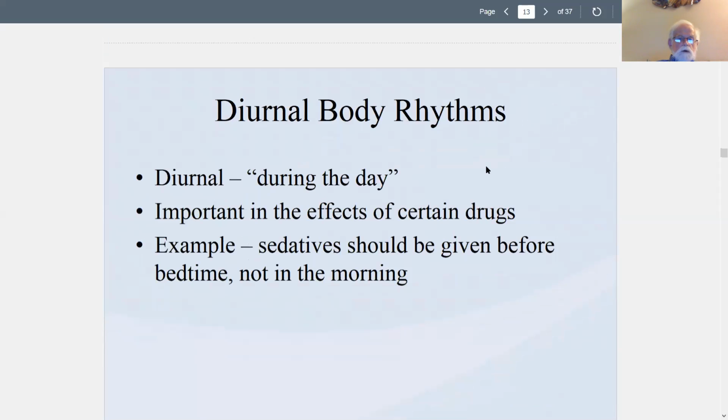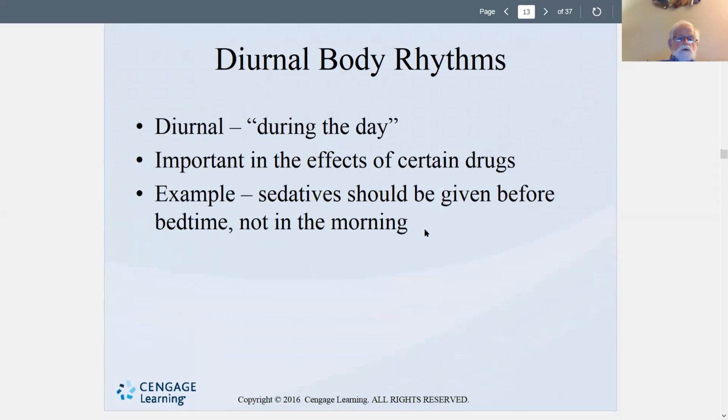Body rhythms, diurnal rhythms, in other words, during the day, will affect drugs. There are certain drugs that you don't want to take at various times of the day. You wouldn't want to take a sleep aid at breakfast, for instance. When you are taking many medications, they will specify that many drugs are taken once a day in the morning, and this could be before food.